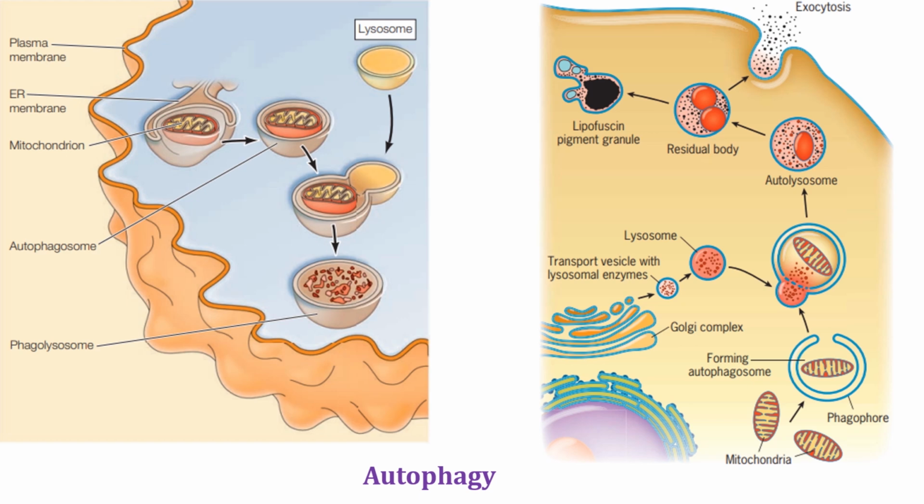In this picture, the mitochondrion is covered with the endoplasmic reticulum's double-layer membrane. This is the phagophore, and this double-layer membrane together with the mitochondrion forms the autophagosome.